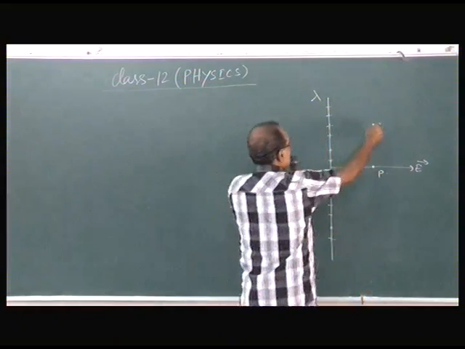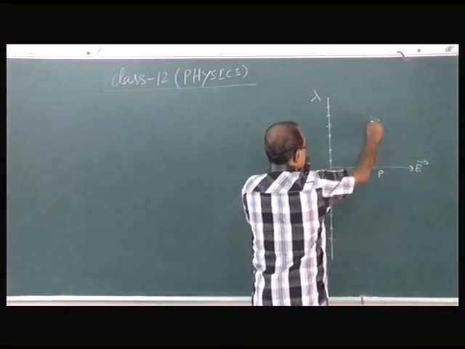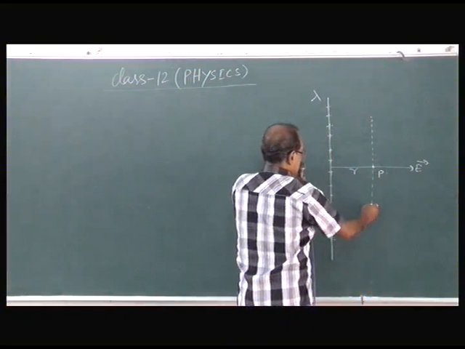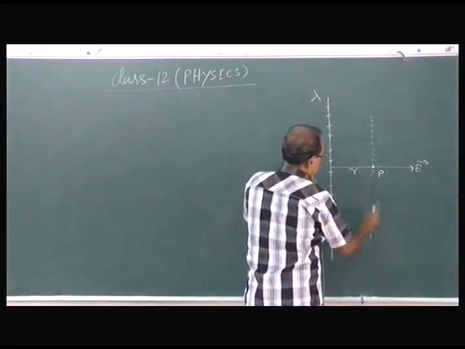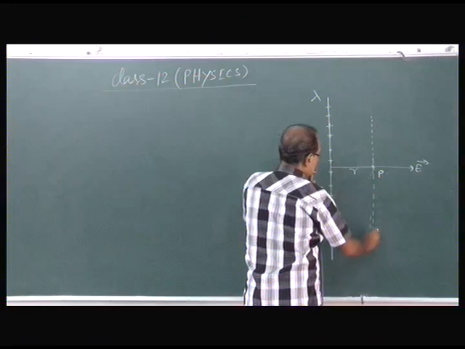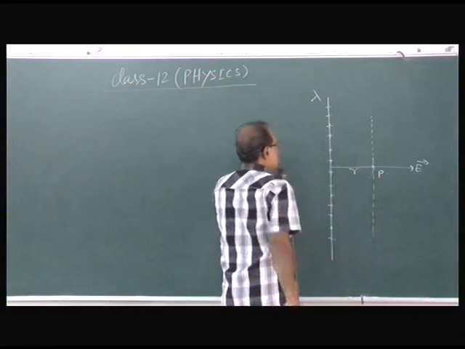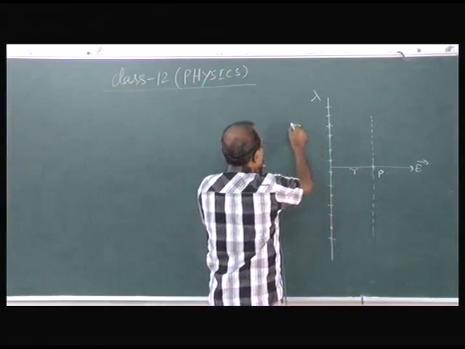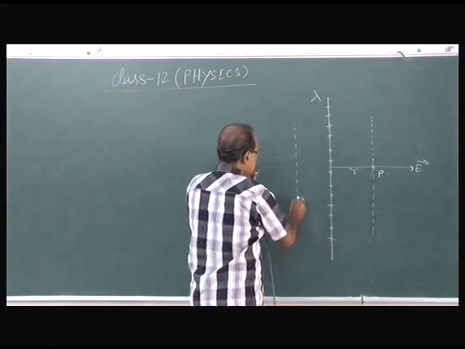Now we'll imagine a Gaussian surface passing through this point. Due to the line charge, the Gaussian surface will be cylindrical.